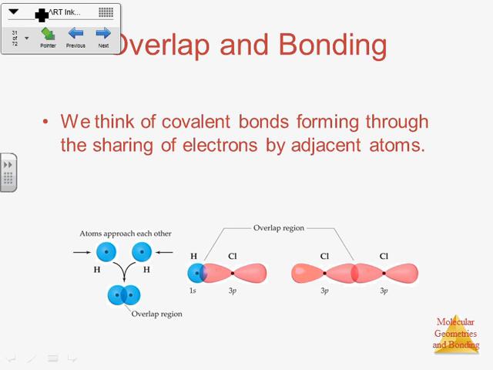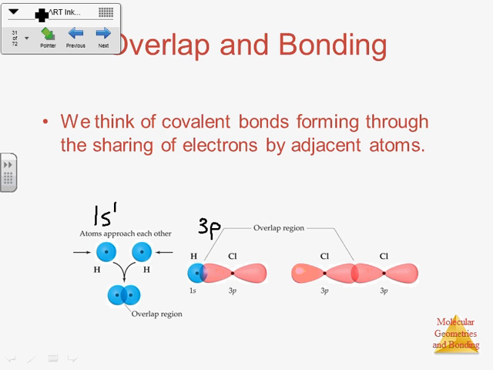Hydrogen only has one valence electron, so it's a 1s. The chlorine has quite a few valence electrons, 7. The ones involved in bonding with hydrogen are in its 3p orbitals.